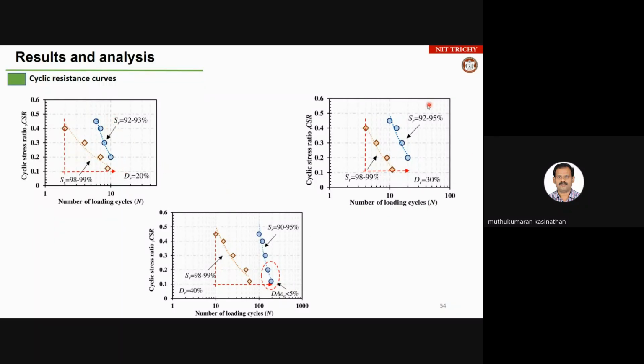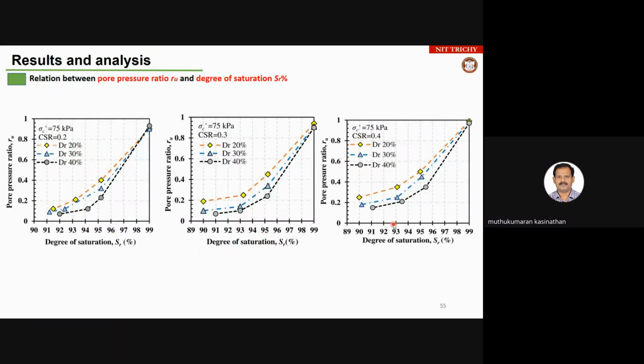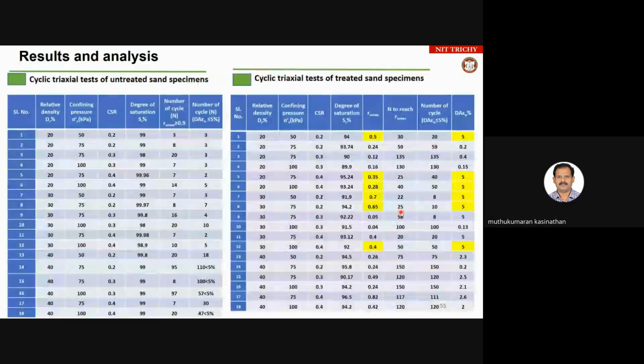Likewise, you can see this for all other cases in terms of cyclic mobility with respect to liquefaction risk. This is what has finally been developed for all three selected relative densities in terms of degree of saturation. The pore pressure ratio is plotted here.